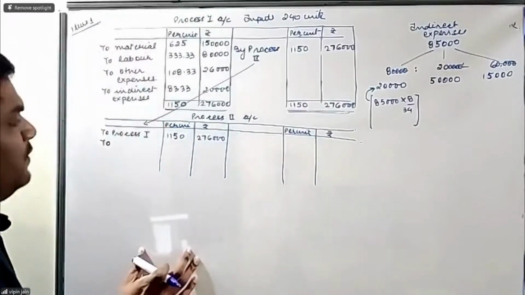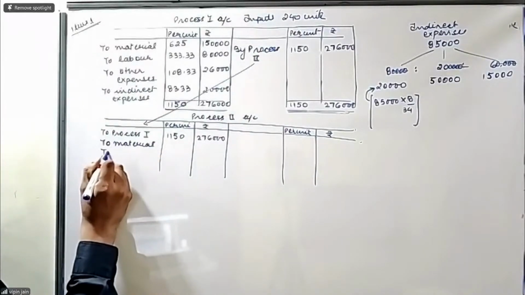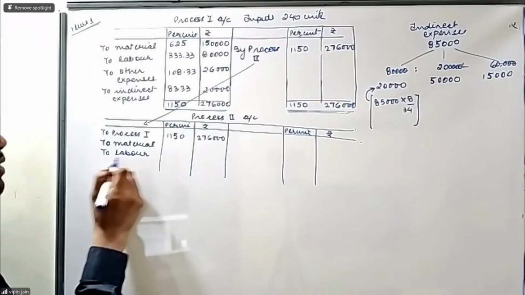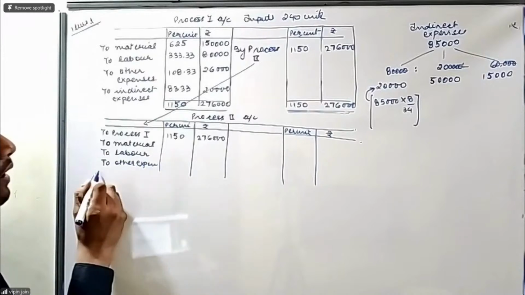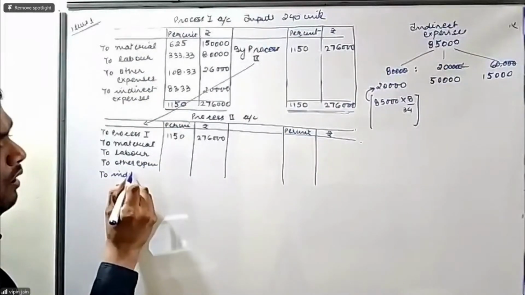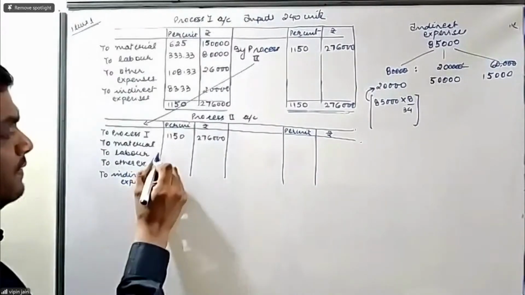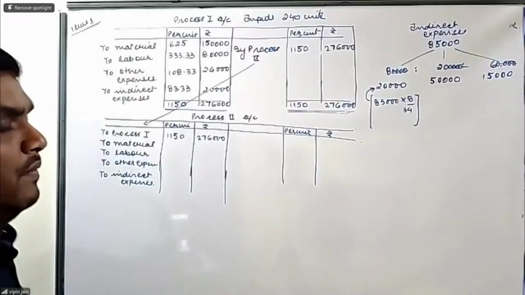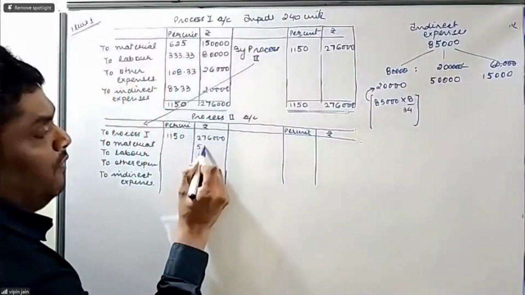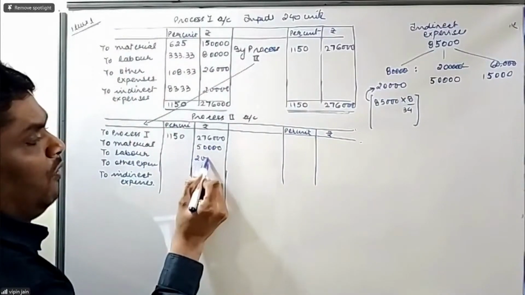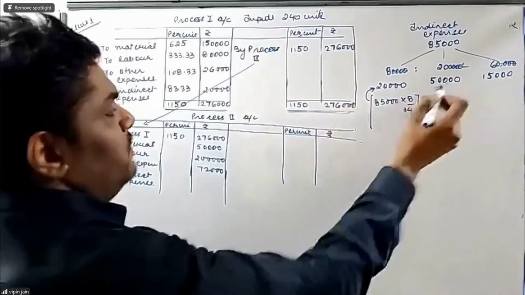Now let's start with the next process. So to material, to labor, to other expenses, and to indirect expenses. So 50,000, 2,72,000, 50,000, 2,72,000, and this one 50,000.